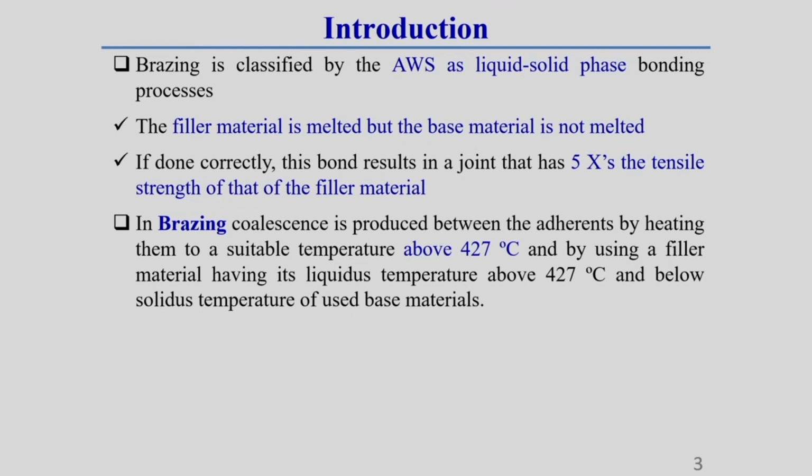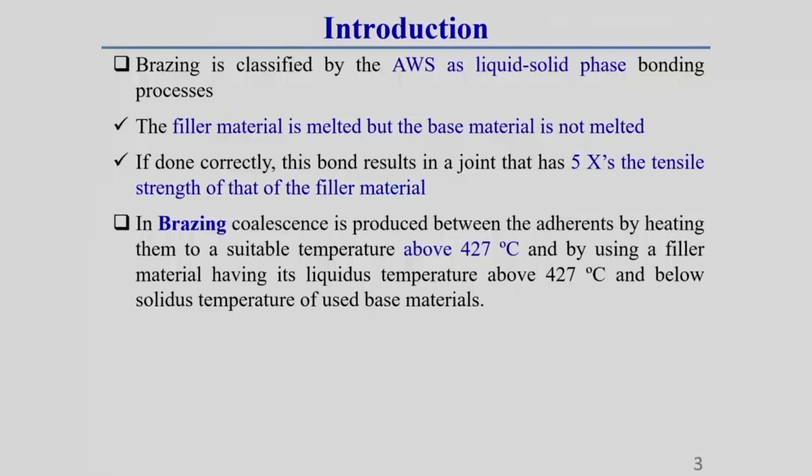So, depending upon this 427 degrees centigrade boundary, we categorize these two different joining processes: one is the soldering process, another is the brazing process.